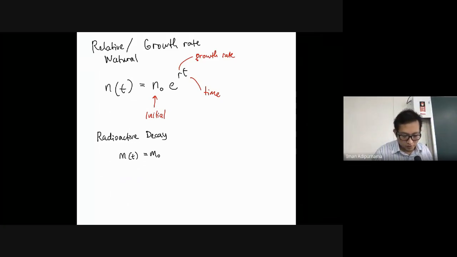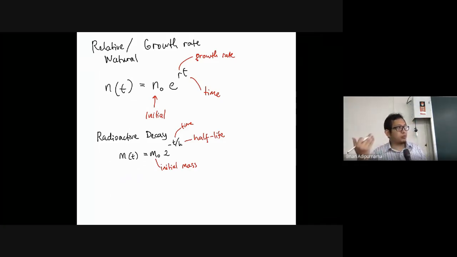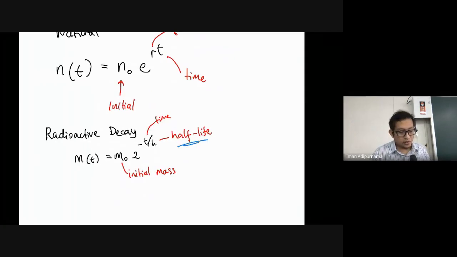Let's just write with 2 first. This is time, this is half-life, the age. This is the initial mass. Notice you can see that this is negative, meaning it's going backwards. It's reducing over time. And then what is half-life? Anyone know?